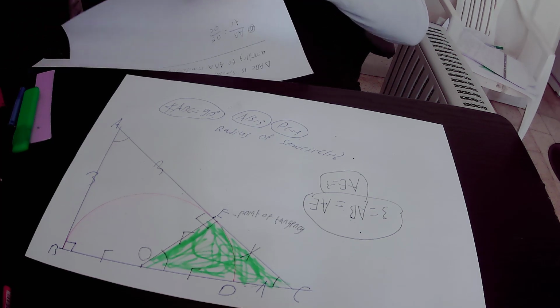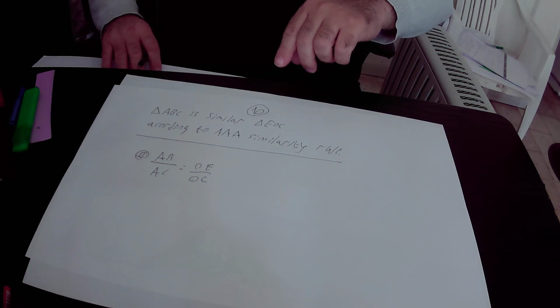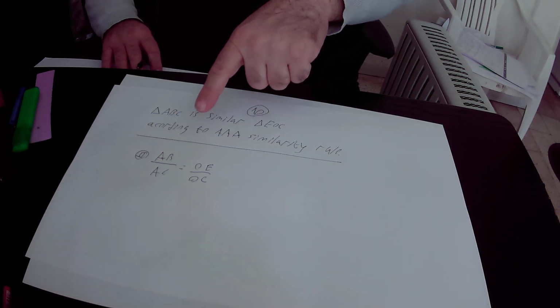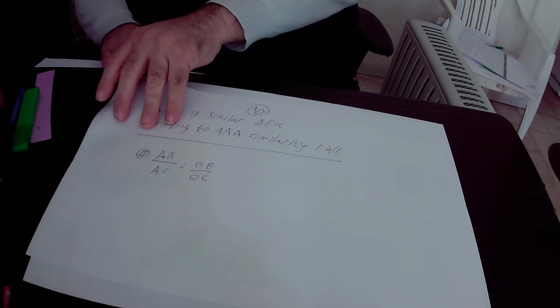I will repeat again. From the fact that triangle ABC is similar to triangle EOC, we will conclude that AB over AC equals OE over OC.